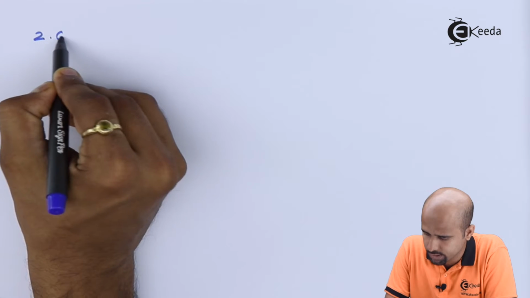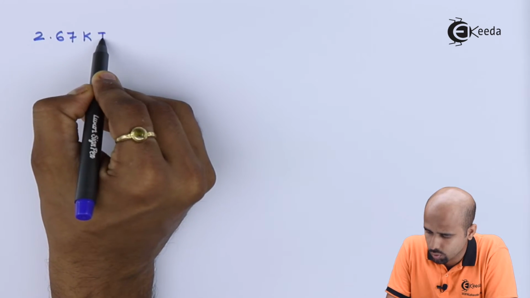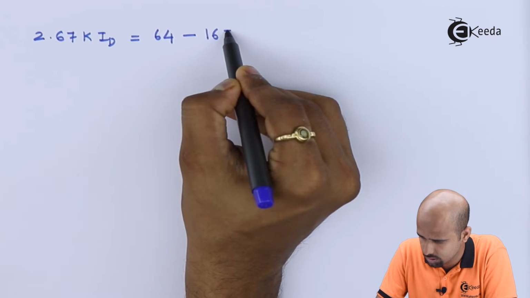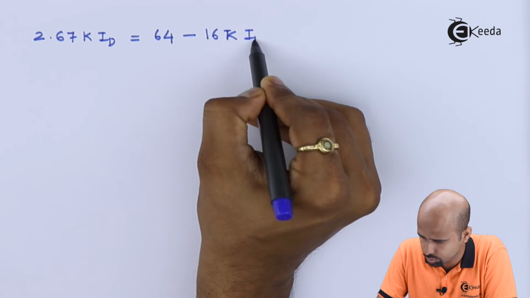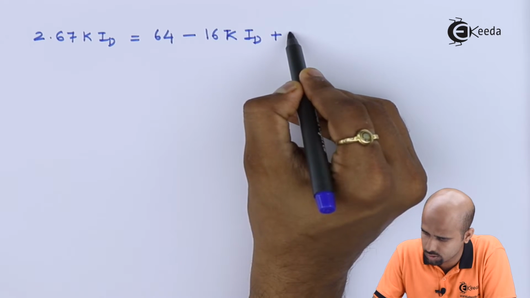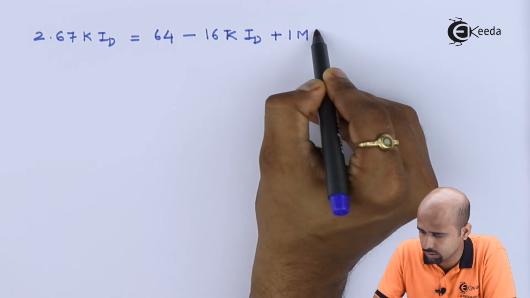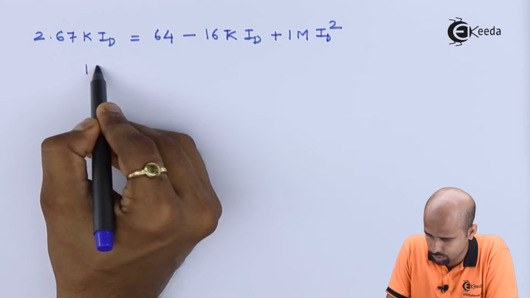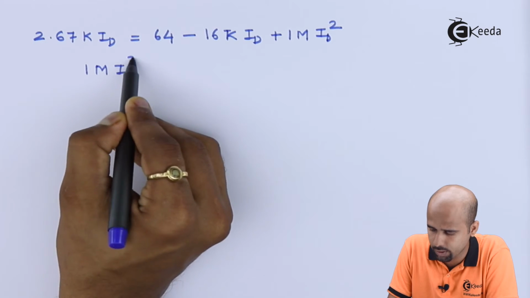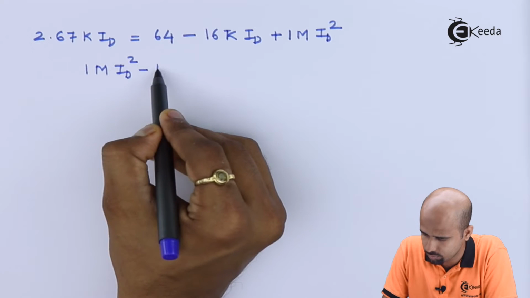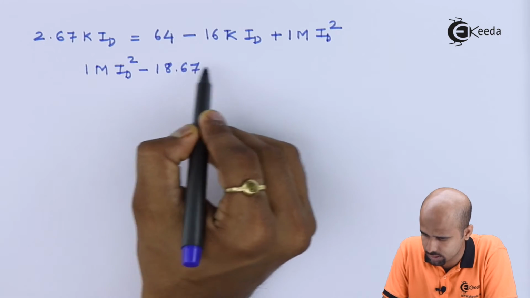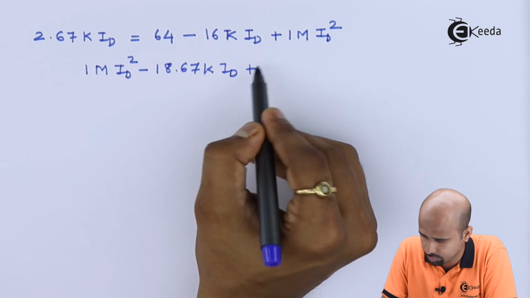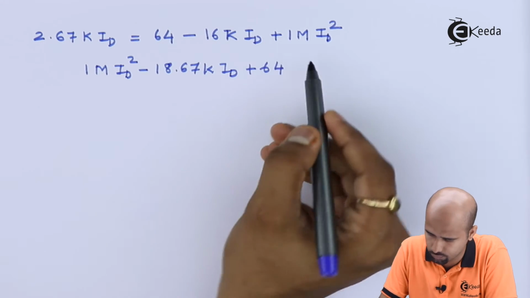We'll be getting 2.67 kilo into ID is equal to minus 16K into ID plus 1 mega into ID square. So equation will become 1 mega into ID square, 10.67 K into ID plus 64.